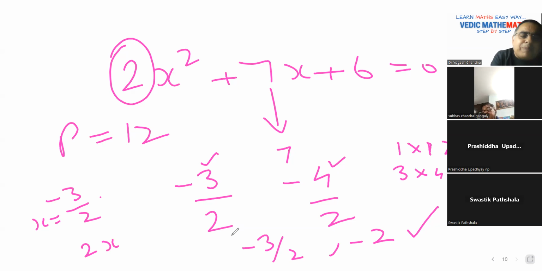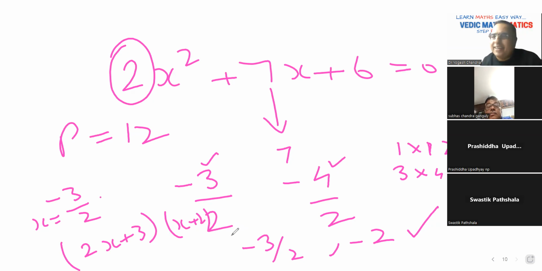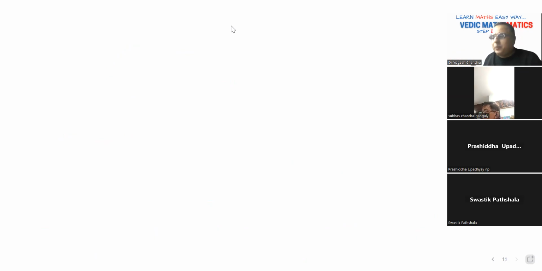So 2x plus 3 is one factor, and the other is x plus 2. You can check. See, if you have the roots, making factors is not a difference. Is it clear or not? Yes, Dalal. We'll understand some tough ones also.